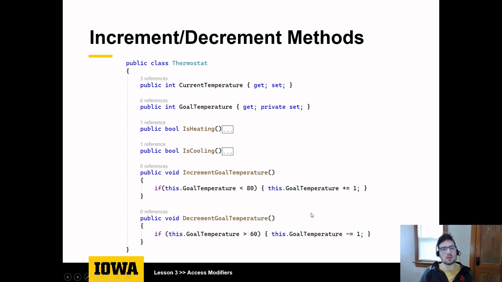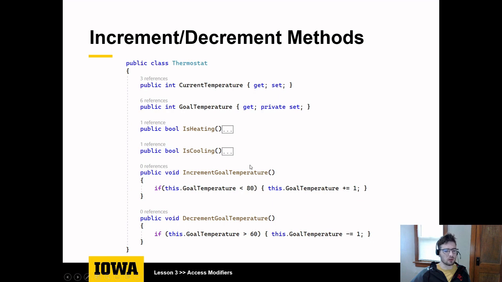What I'm trying to do is emulate how an actual thermostat works. You walk up to it, you press the up arrow, and your goal temperature goes up 1. Or you press the down arrow and your goal temperature goes down 1. So this is how an actual thermostat might work, and I've added these methods to emulate that.